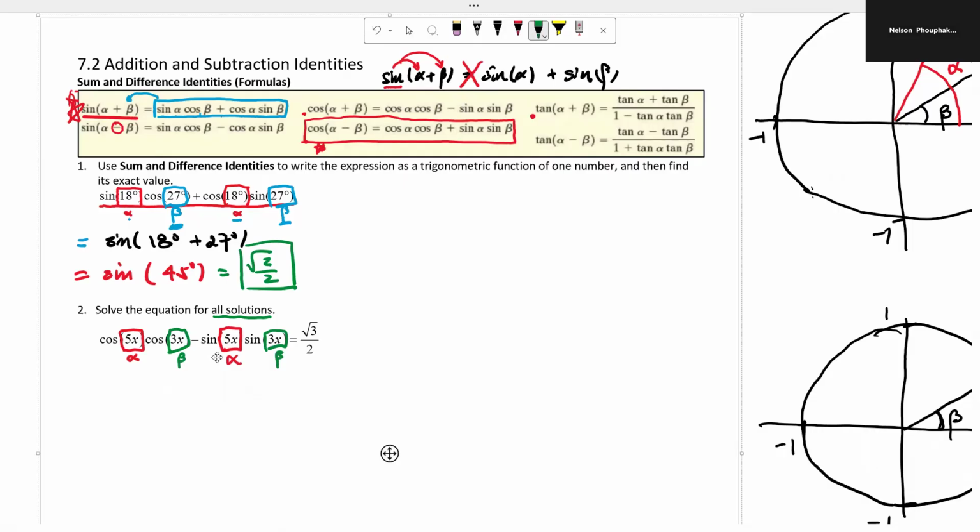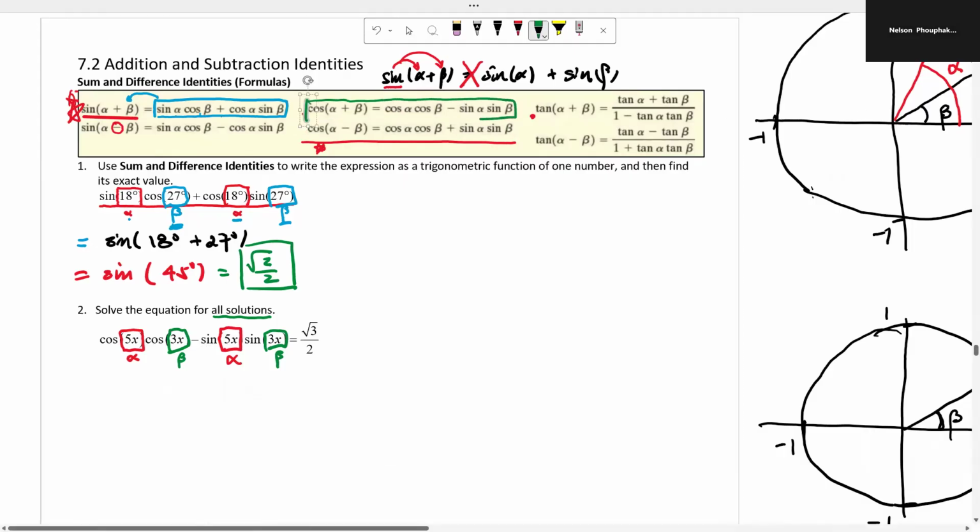Now look at the form. I have cosine alpha cosine beta minus sine alpha sine beta. So in this case, it seems that I could use these identities to help me work with the problem. First of all, what I would like to do is get it from the right-hand side to the left-hand side.